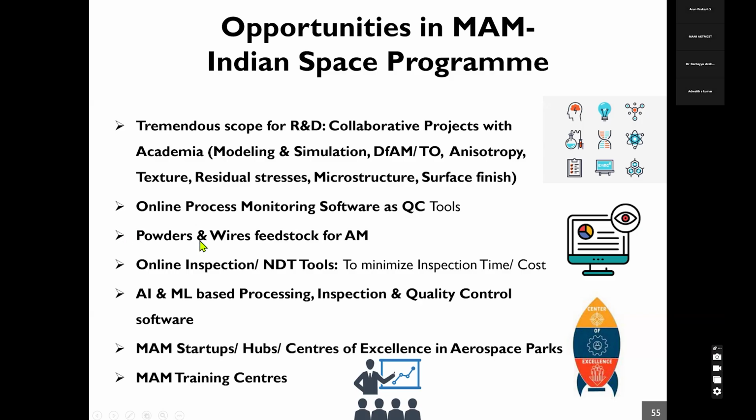And there's a lot of scope for making powders and wires as feedstock for additive manufacturing. And we are also looking at AI and ML based process monitoring, inspection and quality control software. And there's tremendous scope for metal additive manufacturing startups, hubs, or centers of excellence in aerospace parks, mainly for manufacture of components through additive manufacturing.